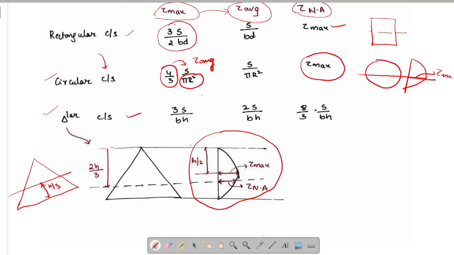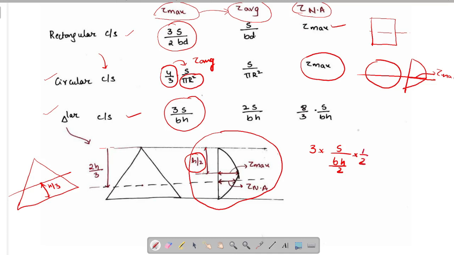In case of triangular cross section, tau max will be at a distance of h by 2 from the tip of the triangle. We have to remember this. By finding the value of tau max, it will be 3 times S by BH, which is 3 into S by BH by 2 into 1 by 2.